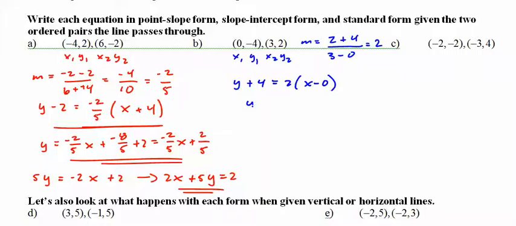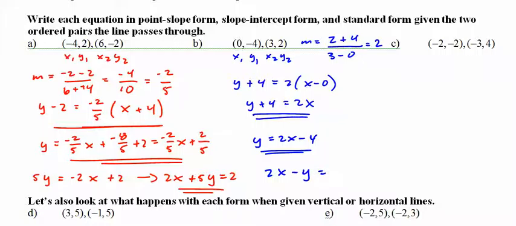You could also write it as y plus 4 equals 2x. That's also point slope. Y equals 2x minus 4 is slope-intercept. I lied. 2x minus y equals 4 is standard form. We like to keep the first one positive for standard form.